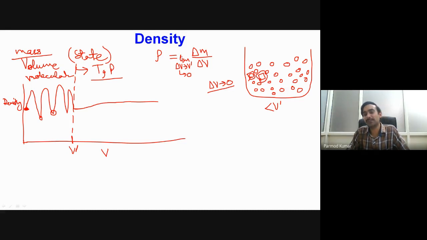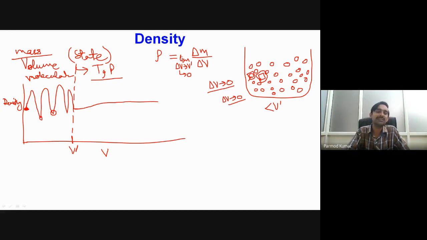So in this case, what will be happening? We are having certain volume delta V, which is very small, approaching 0, but we are not having any mass located in this particular volume. So over here, what will be happening? We will be getting value of density as sometimes infinite or sometimes very, very low.